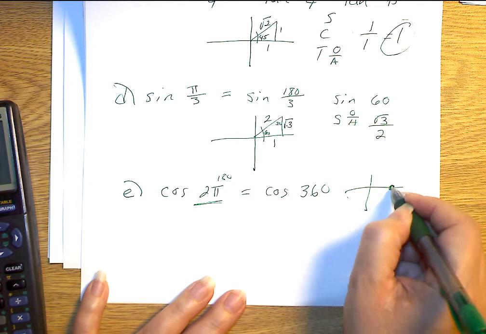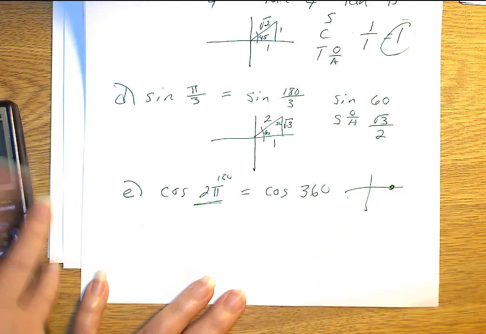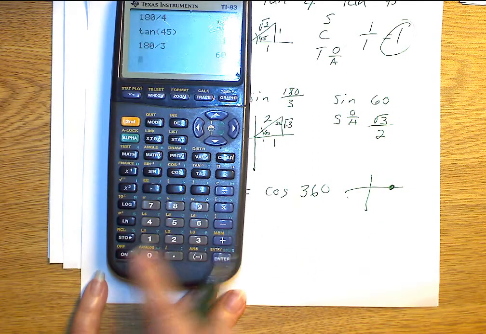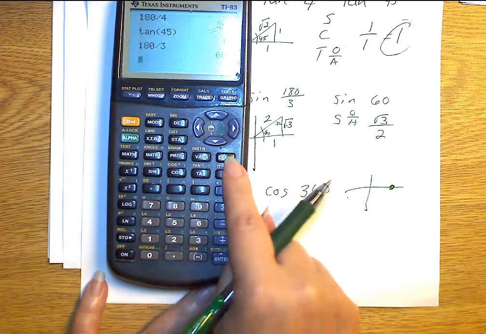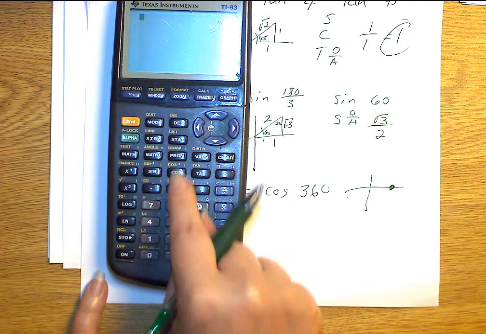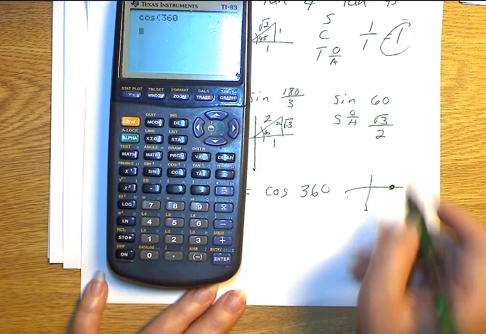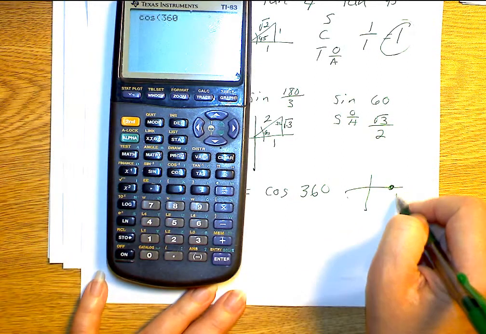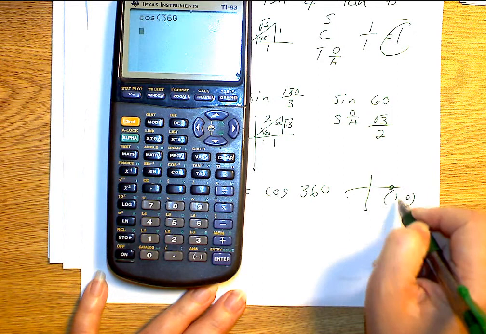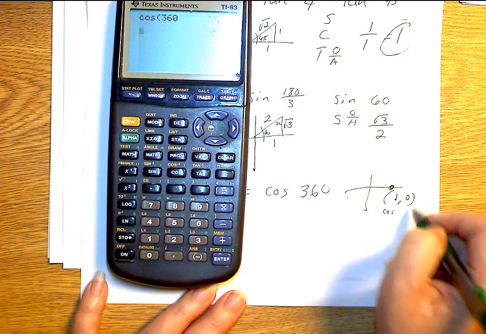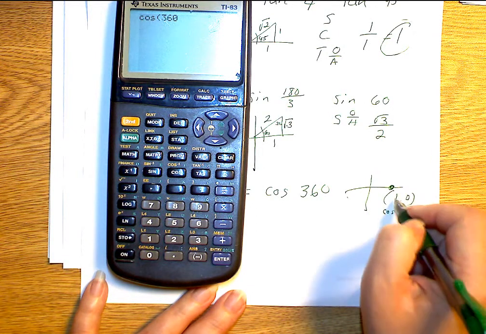It falls on my x-axis. I can just go in my calculator and go cosine of 360, which I get 1. Also remember that this is 1 comma 0. Your x value is your cosine, your y value is your sine, so that also tells me that it's 1.